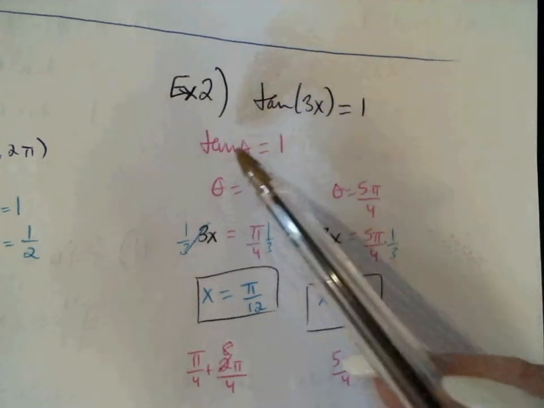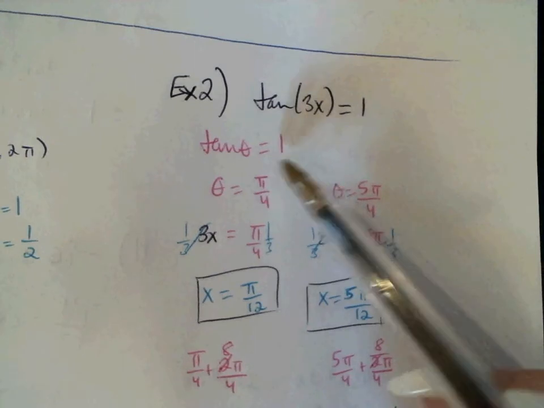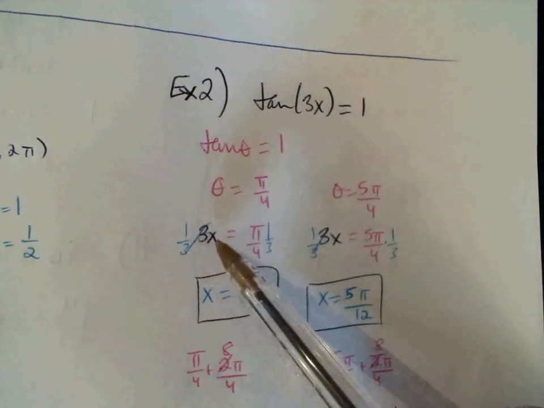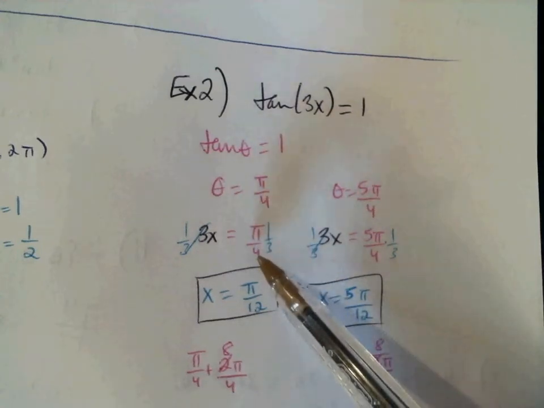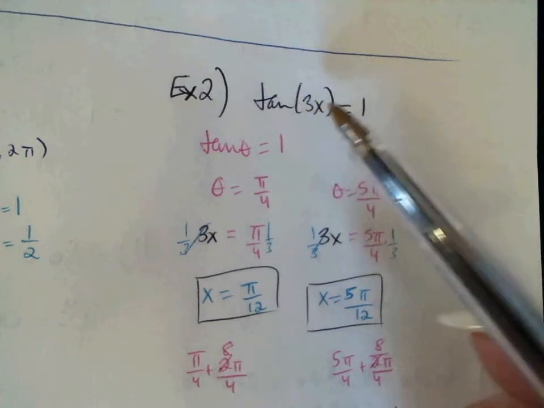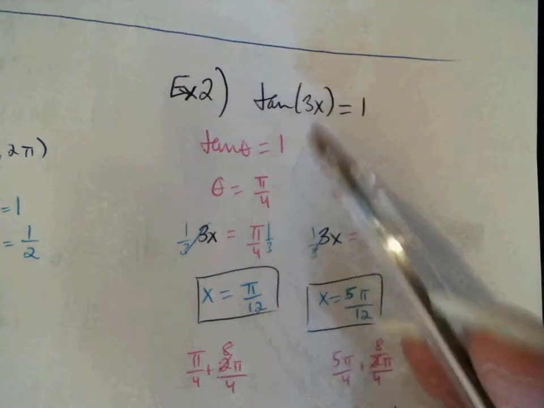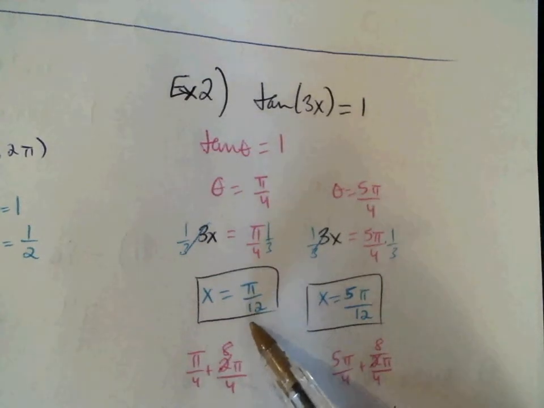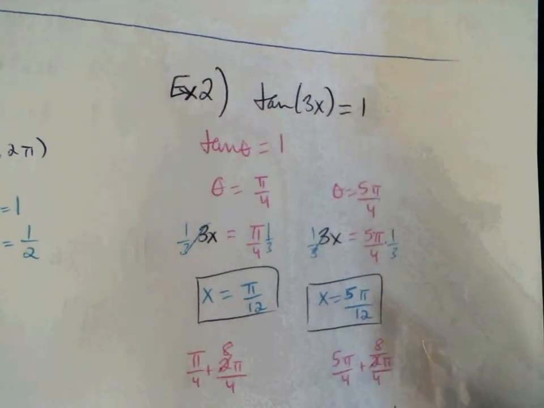3x equals any angle such that tangent of that angle equals 1. So if tangent of pi over 4 equals 1, then that means when 3x equals pi over 4 and x equals this, then tangent of 3 times that will equal 1. And again, if you think about that, plug in pi over 12 right here. 3 times pi over 12 is pi over 4, and tangent of pi over 4 is 1.